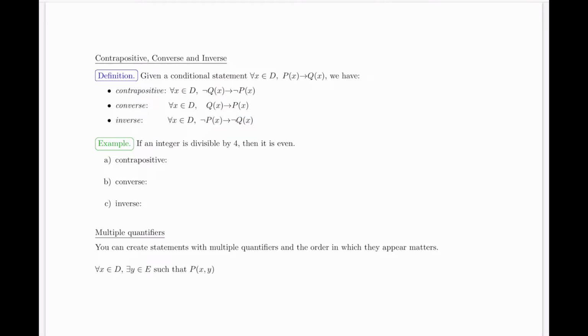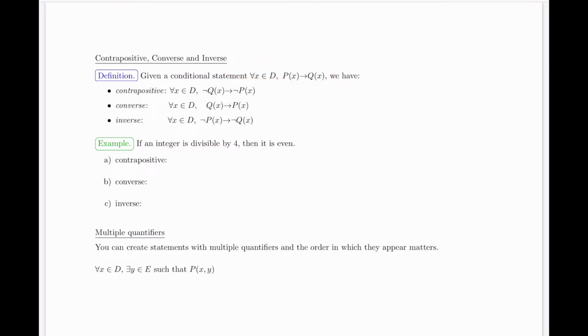So let's see how that works out with, first of all, a plain English statement translated into symbolic form. If an integer is divisible by 4, then it is even. Before we actually state the contrapositive, converse, and inverse, let's rewrite this in the universal conditional form.